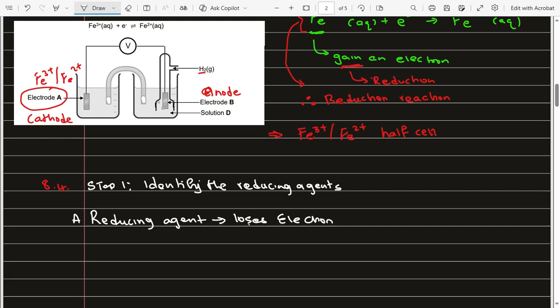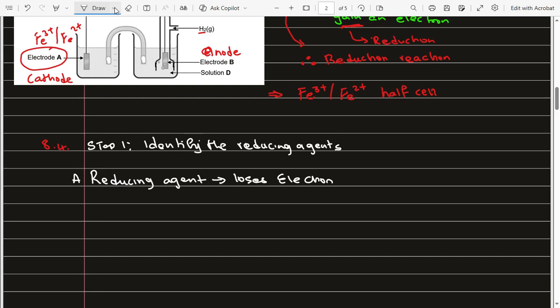Right. Let me look at the hydrogen half cell. The hydrogen half cell is H2, which is in gas state. This gives us 2H+ in aqueous solution, plus 2e-.